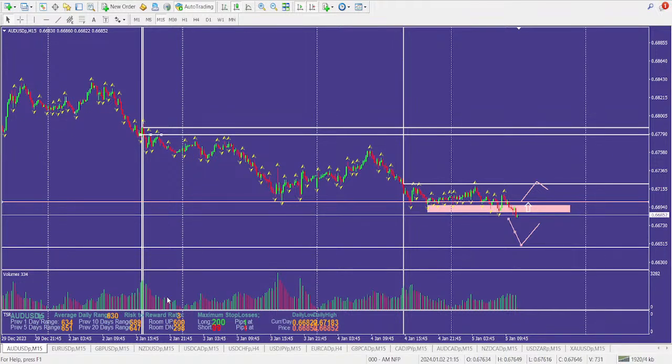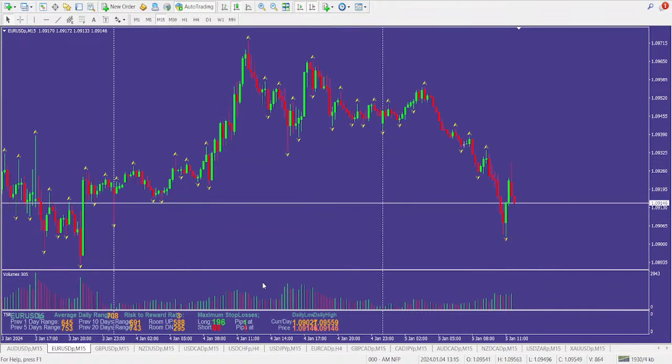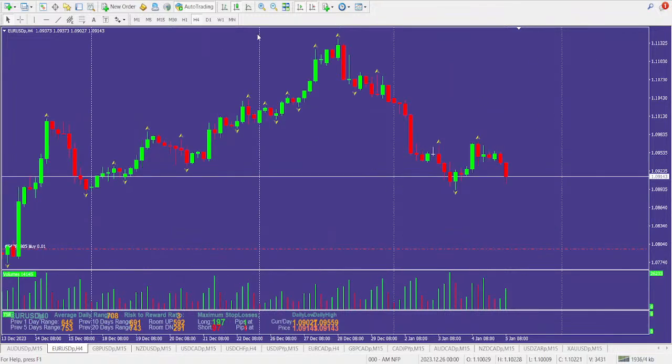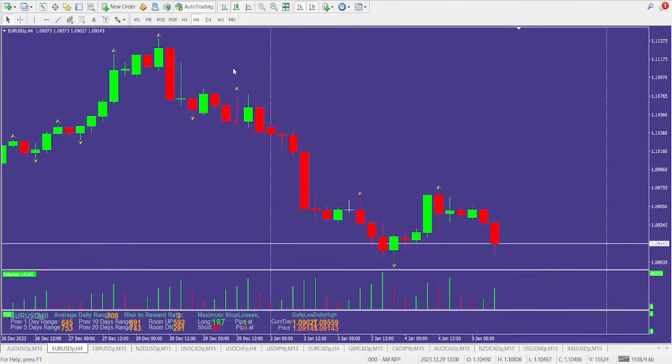Okay, next currency pair we'll focus on over here is EURUSD. So EURUSD, again starting on the 4-hour time frame, potential level of supply.